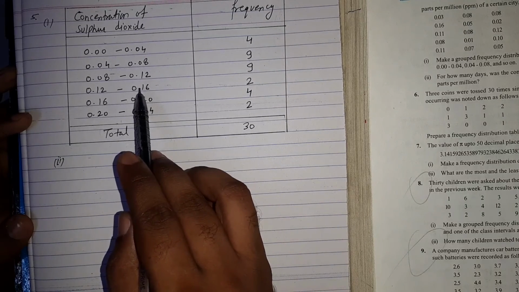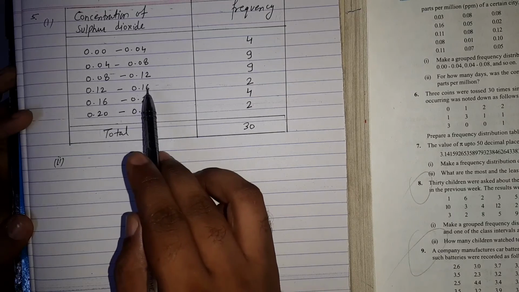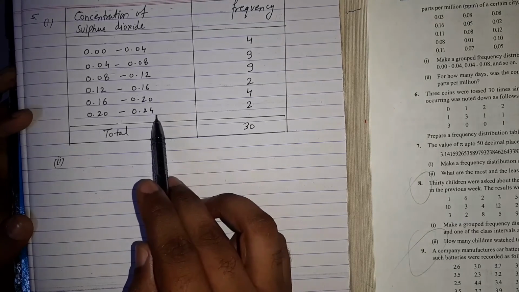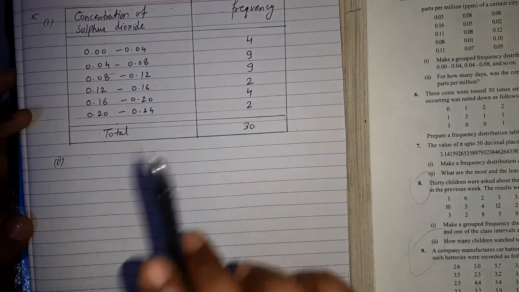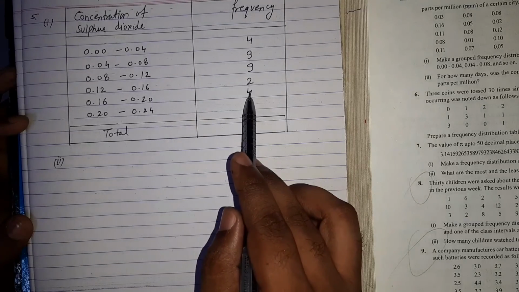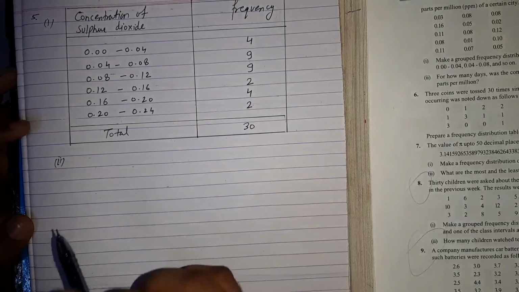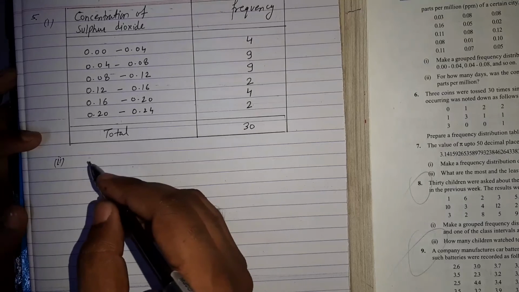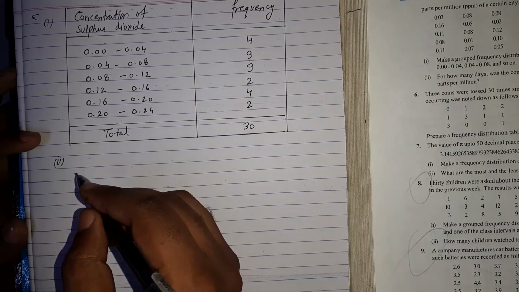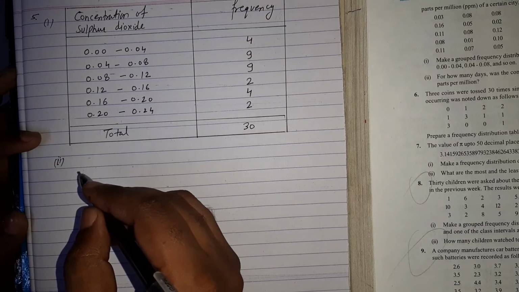More than 0.11, it means that we have to consider all these class intervals. So the frequency we have to count. So it will be 2 plus 4 is 6, 6 plus 2 is 8. So it will be for 8 days. So the concentration of sulfur dioxide is more than 0.11 parts per million for 8 days.